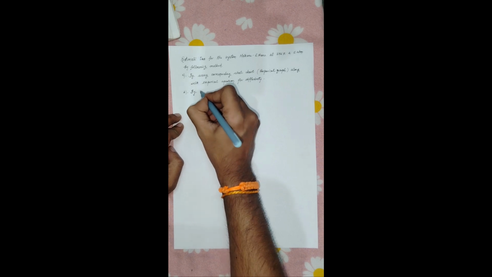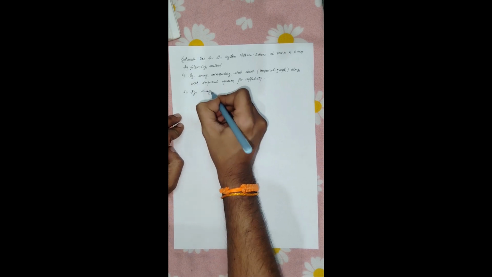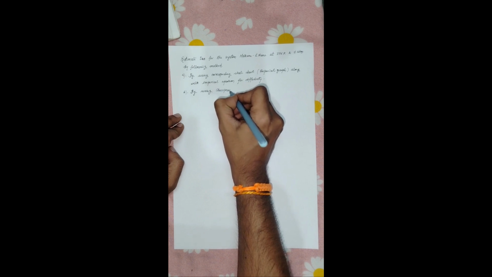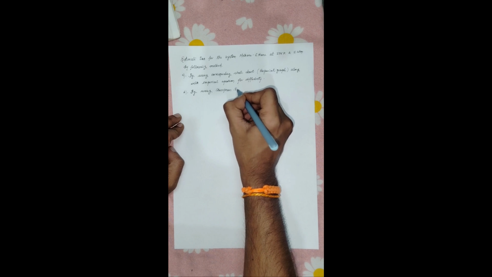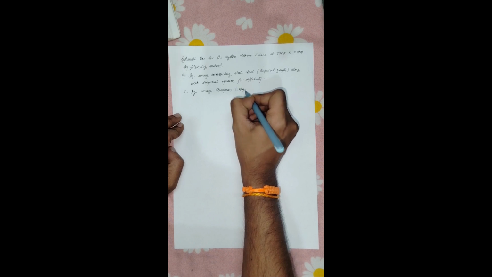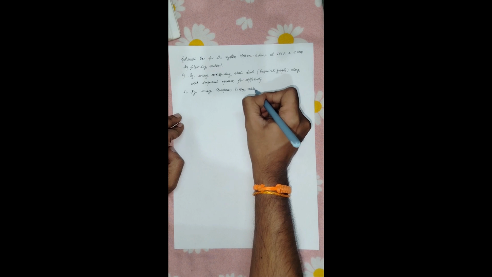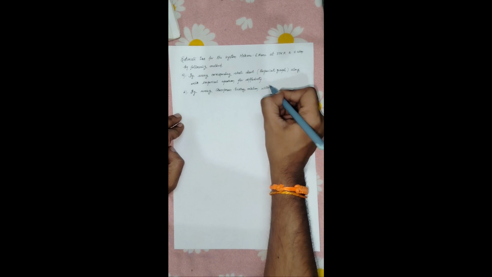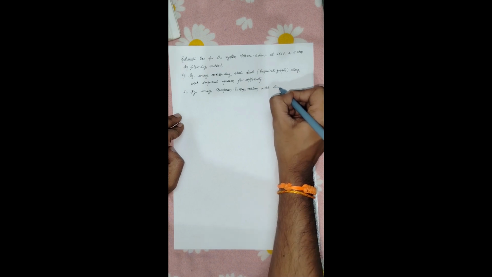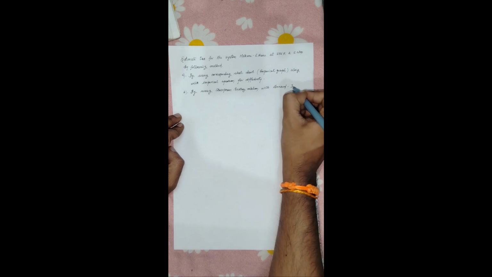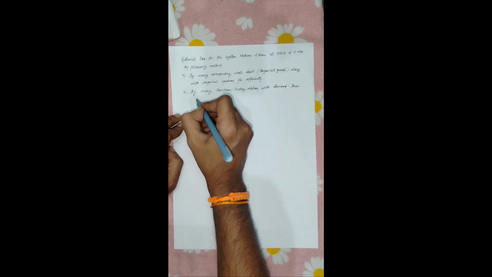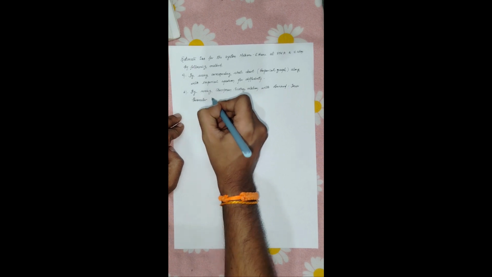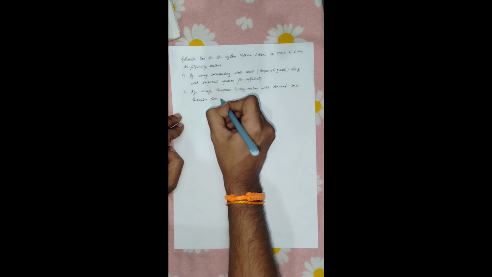And part second is by using Chapman and Enskog relation with Lennard-Jones parameter from table.